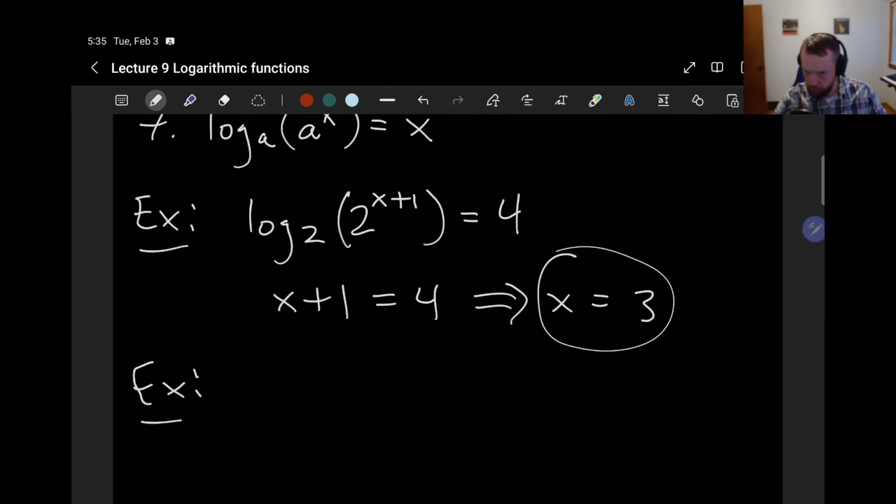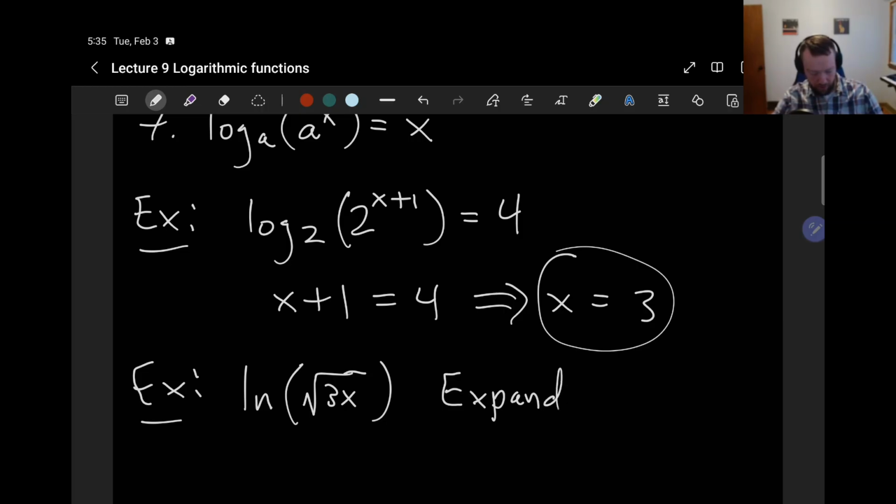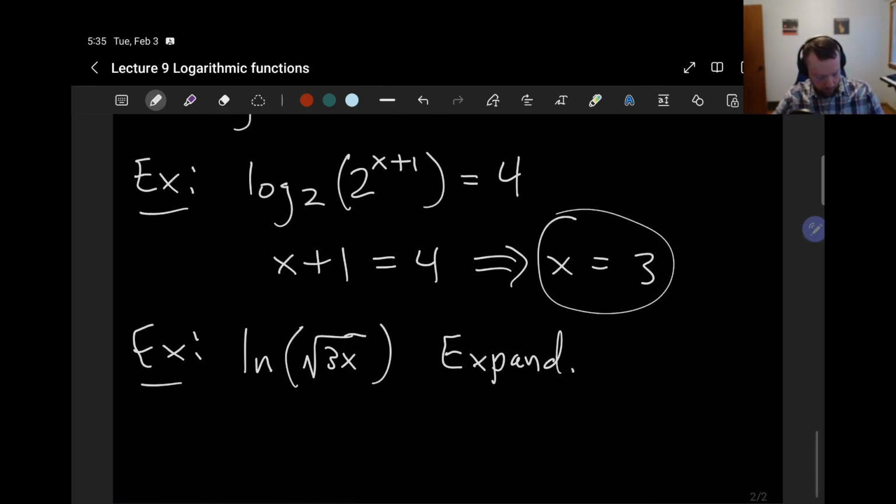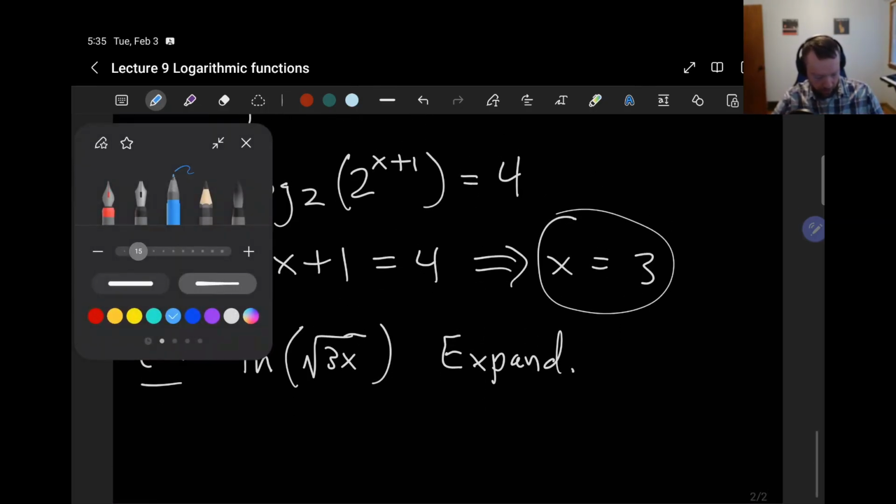Let's look at another one. Ln of the square root of 3x. We want to expand this. So first off, what is ln? I want to write that in a different color.